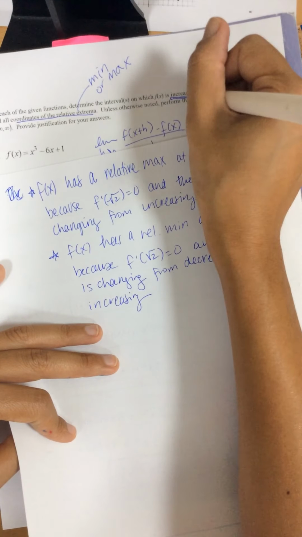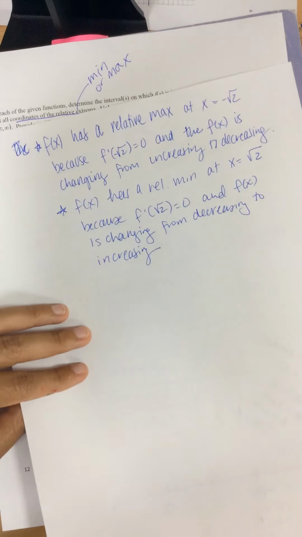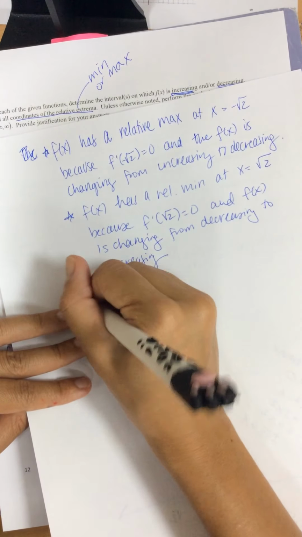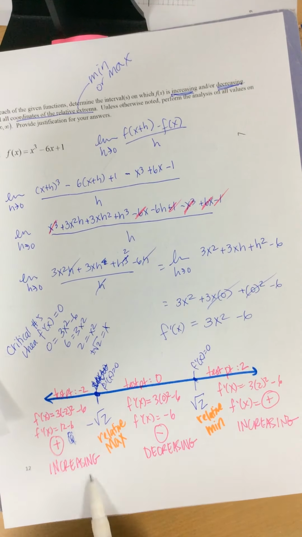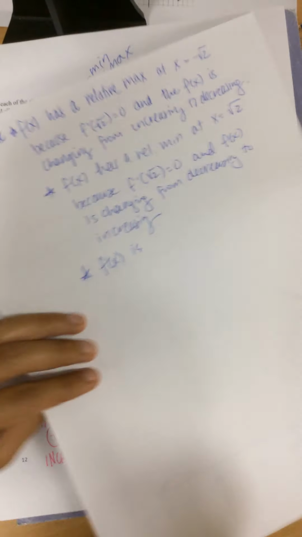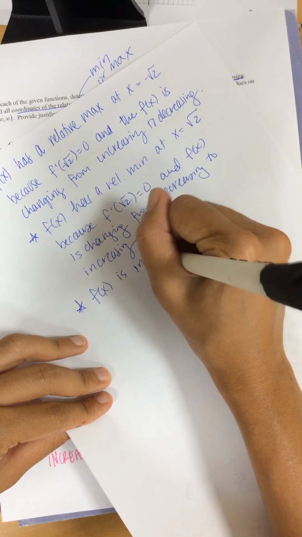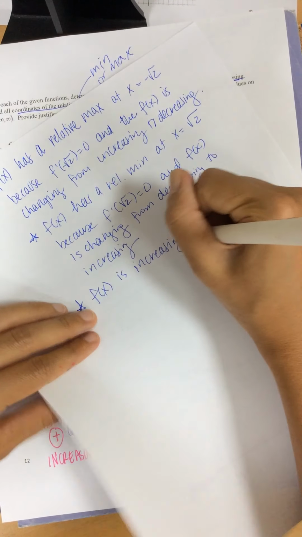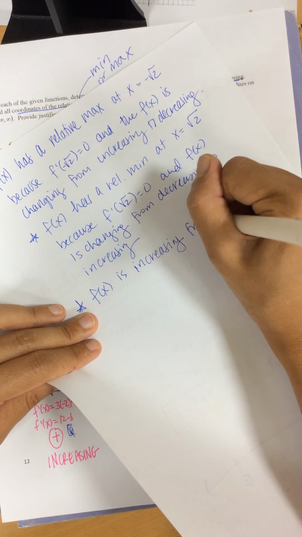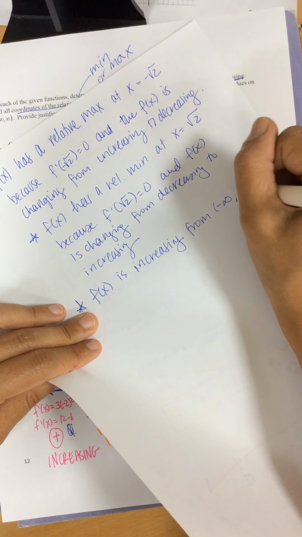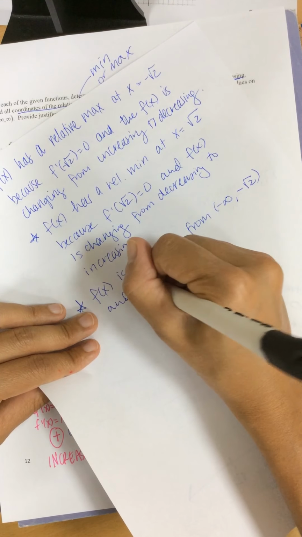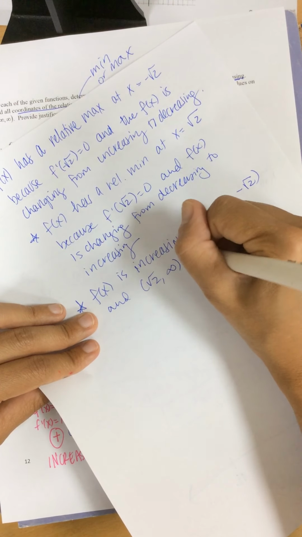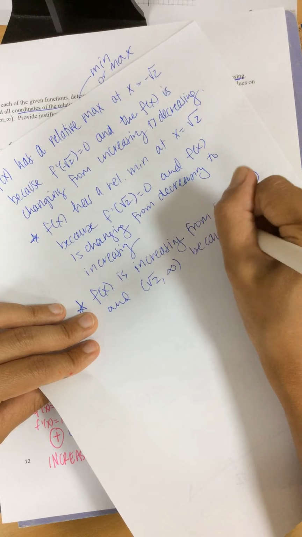The last statement is to give all the intervals for where it's increasing or decreasing. So we would say f of x is, let's check, it's increasing on these two intervals, right? So it is increasing from negative infinity to negative root 2 and root 2 to infinity because, why?